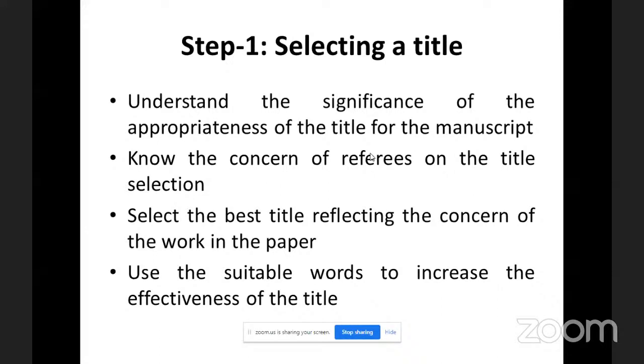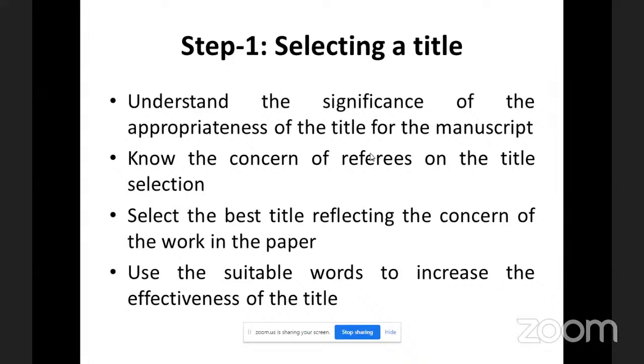That is a very important thing. People simply feel that a title is most suitable and just submit the paper. No, when you start to write a paper, write down 4, 5, 6 titles, read them, try to relate them with your work, and then select the one most appropriate title which is related to your work.